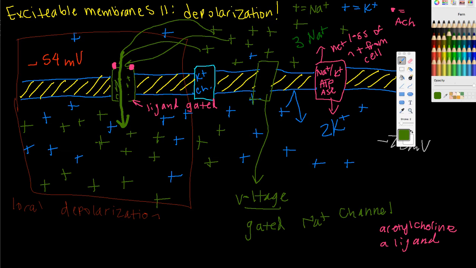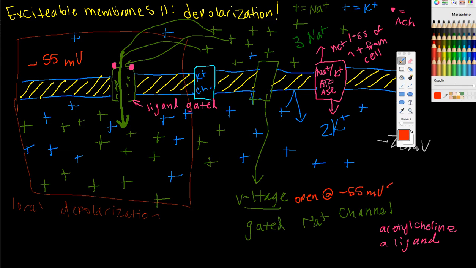So let's say, for the sake of example, that instead of having this one be 54, now that we've moved some more pluses over, now this is negative 55 millivolts. Turns out voltage-gated sodium channels open at negative 55 millivolts.